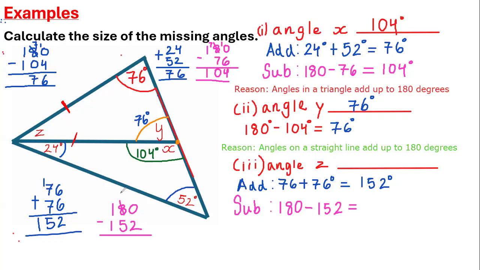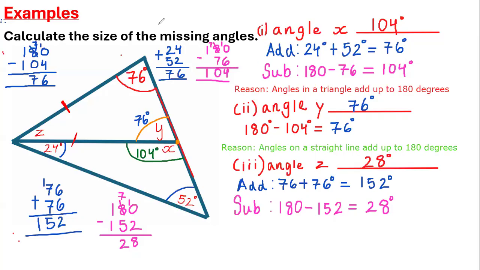This is going to be 7, and this is 1. 10 minus 2 is 8. 7 minus 5 is 2. 1 minus 1 is 0. So the answer is 28 degrees. That means that Z is equal to 28 degrees.